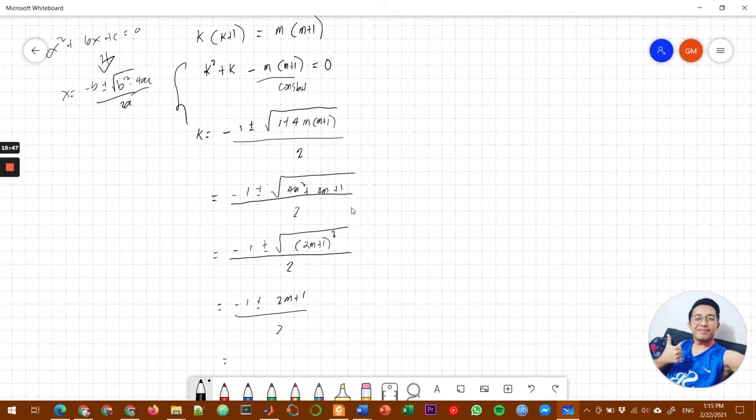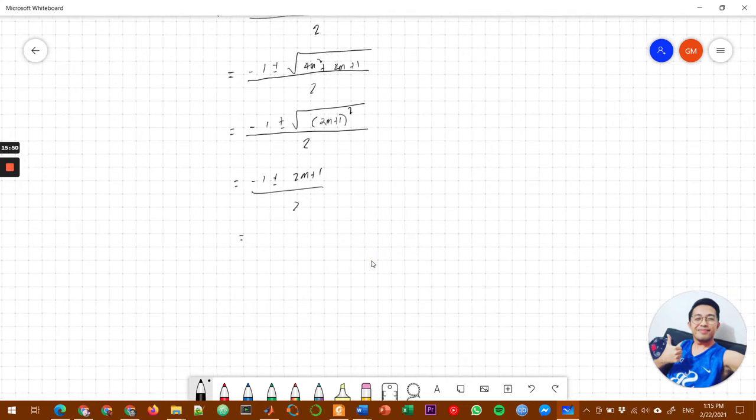Therefore, your k has two values. We have m or negative 2m minus 1 over 2. Okay? I hope you can see that. Okay, let's review. If it's plus, you'll get m.